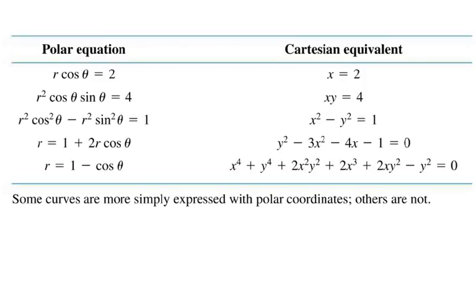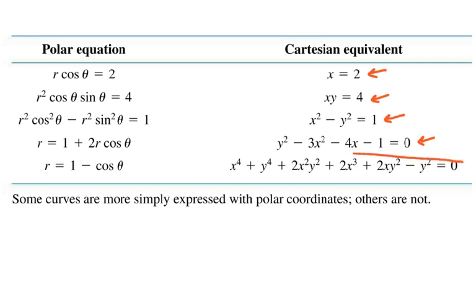Here we have a table of equations, and I want you to notice we have some Cartesian equations, x and y, so a line, a vertical line, a rational equation, that would be a hyperbola. This should also represent a hyperbola, just in a different form.